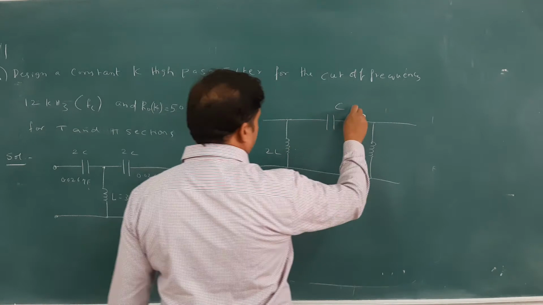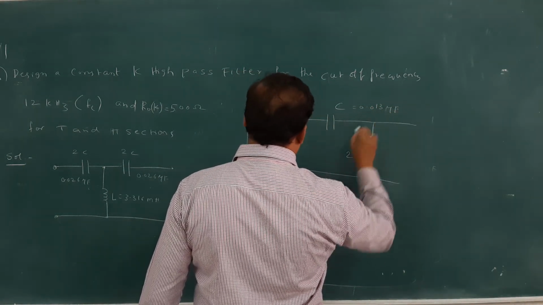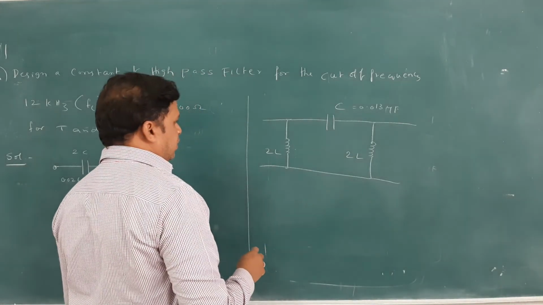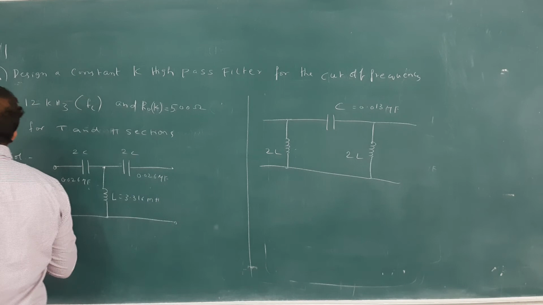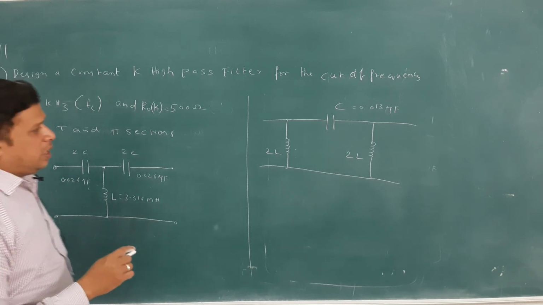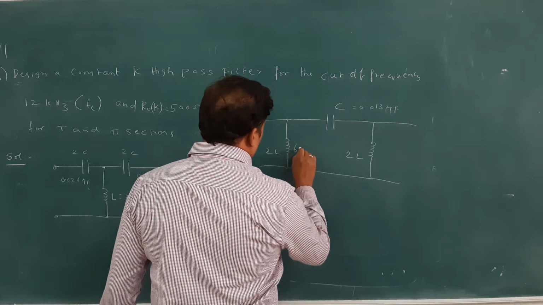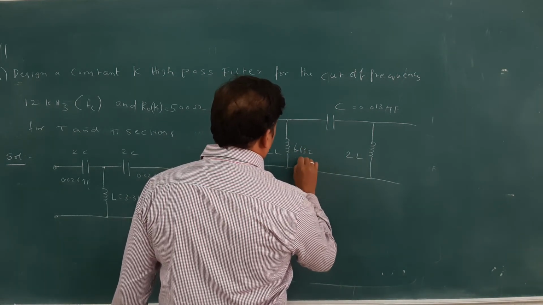C is equal to 0.013 microfarad and here 2L means 3.316 into 2, that is 6.632 millihenry.